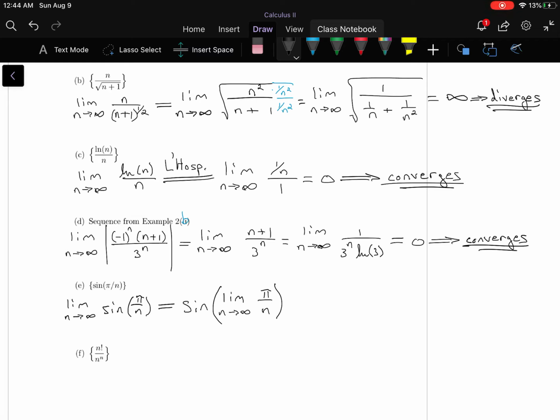And the limit as n goes to infinity of pi over n, this is pi over a bigger and bigger number, which approaches 0. And so this is sine of 0, which is 0. And that means that this converges.